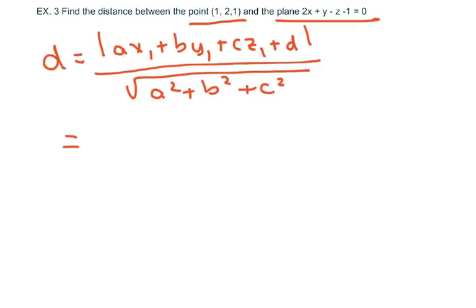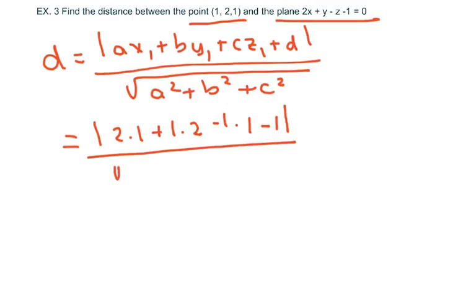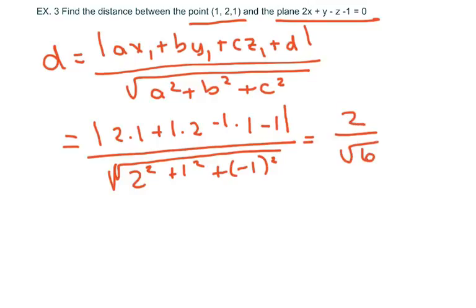So we get absolute value of 2 times 1 plus 1 times 2 minus 1 times 1 minus 1 all over square root, I'll make this bigger, 2 squared plus 1 squared plus negative 1 squared. And we're going to get 2 over root 6, which equals 2 root 6 over 6, which is 0.82.